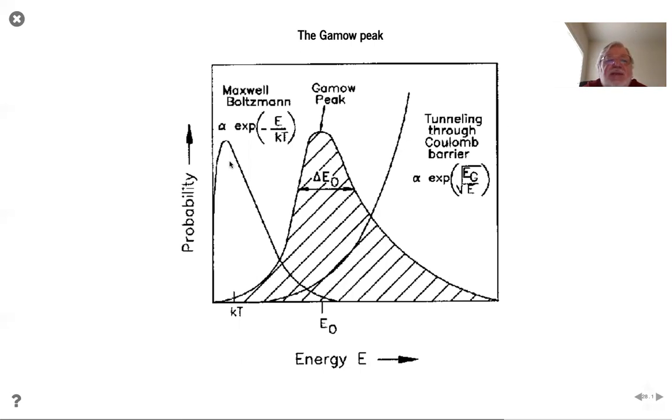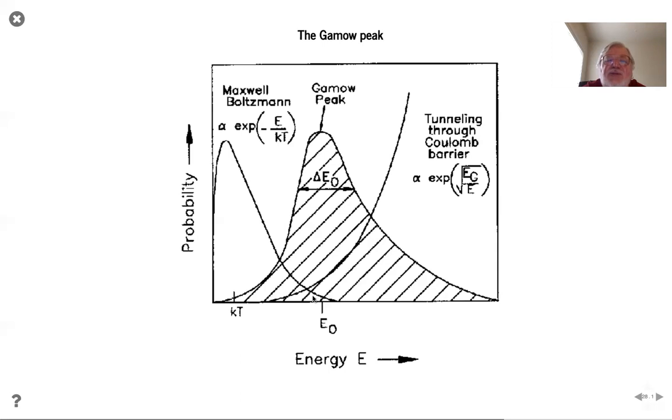But this curve on the left shows the distribution of particles inside the star according to the Maxwell-Boltzmann distribution of energies. As you can see, the efficiency of quantum tunneling becomes high enough only in the tail of the Maxwell distribution, only in the tail.